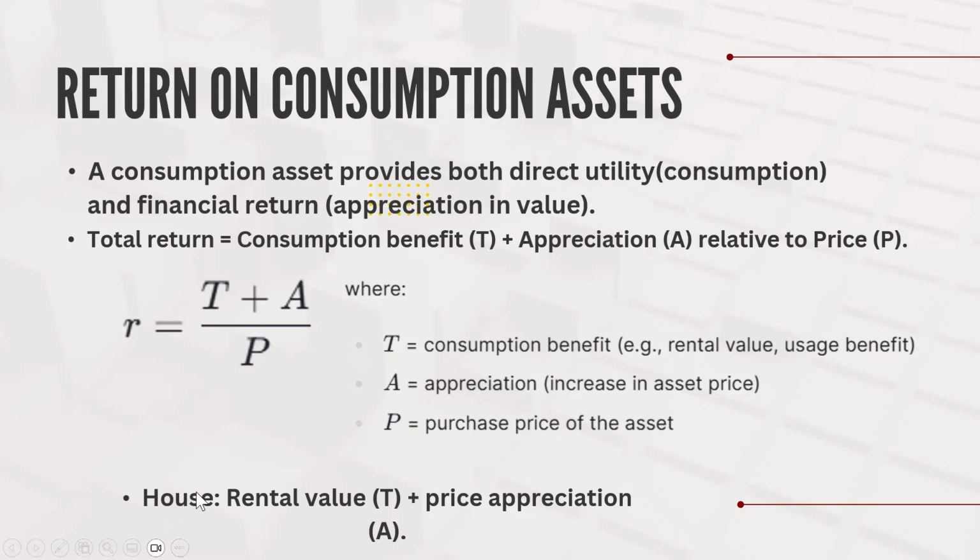So if you consider a house, we can get rental value or use utility, which is T, plus price appreciation A. So we will get the return of the consumption asset.